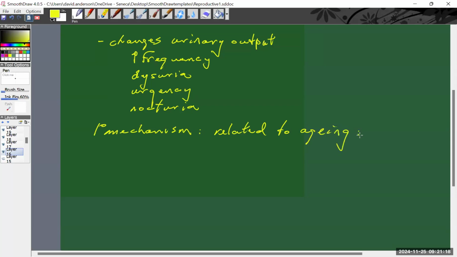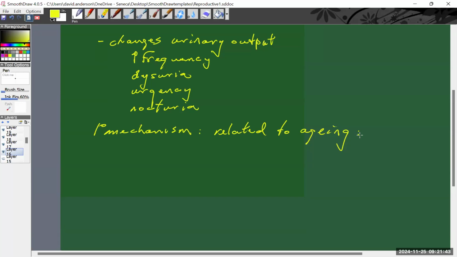So what seems to happen with aging is that there are some changes to some growth factors associated with the prostate gland and some changes to endocrine factors with aging that have a direct effect on the prostate in a significant number of men over the age of about 50 years or so.